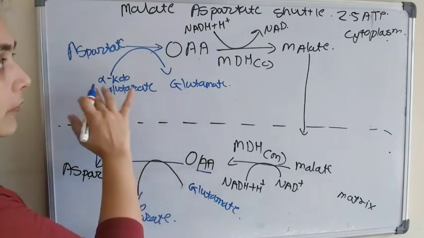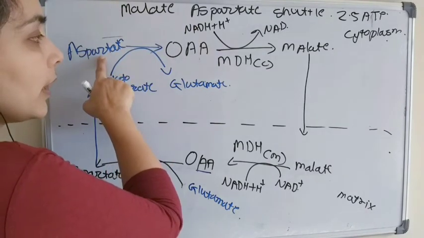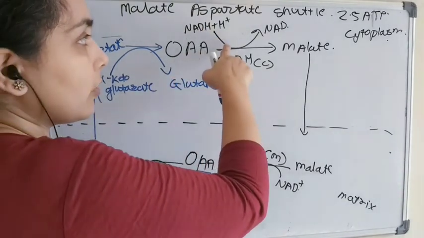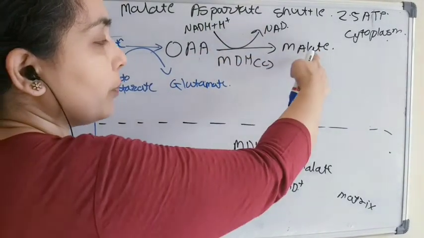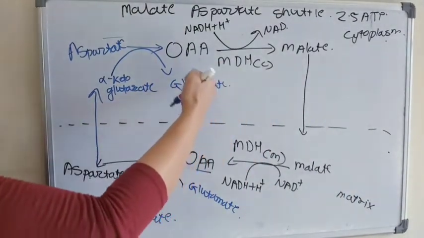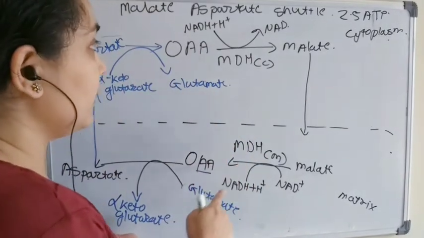If you see from here, aspartate, after the transamination, becomes oxaloacetate, and oxaloacetate will accept the electrons to become malate. And here exactly the reverse thing, malate, oxaloacetate and aspartate, the exactly reverse cycle will happen.